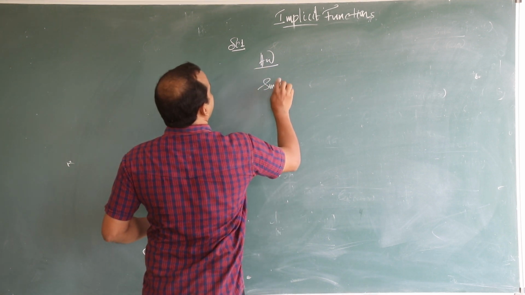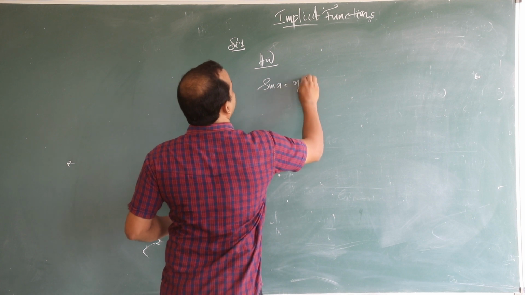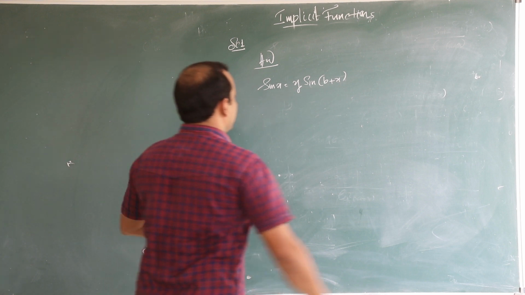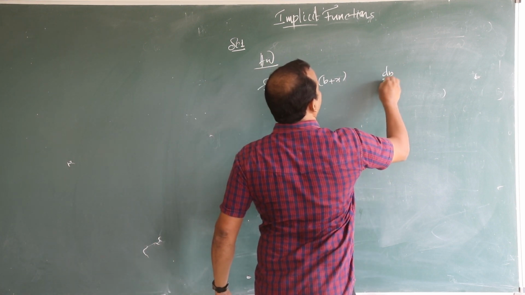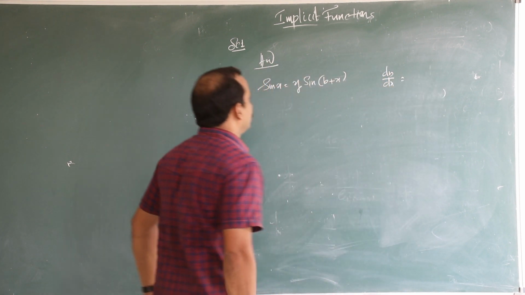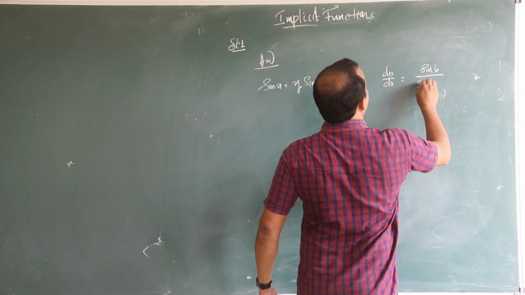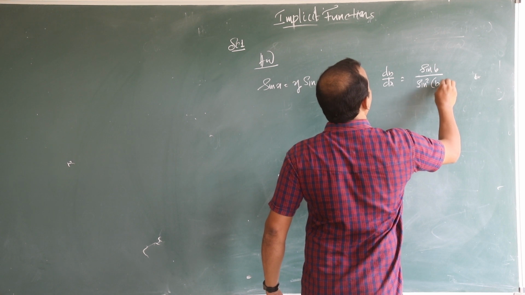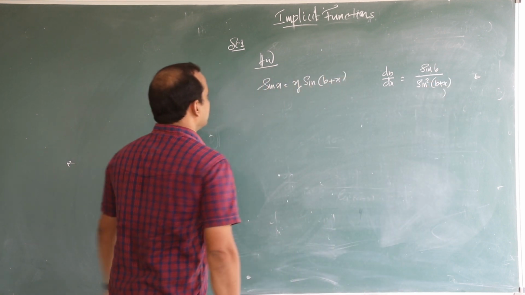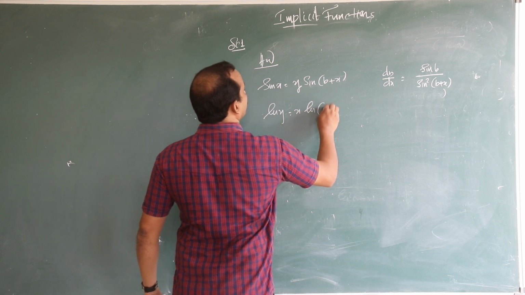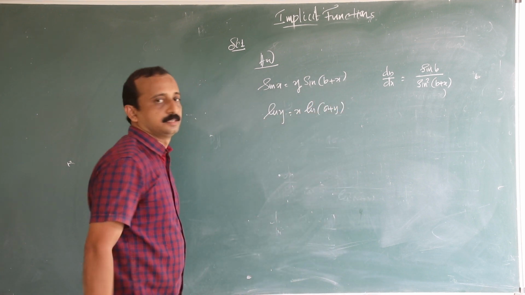Sin x equal to y into sin of b plus x, so that dy by dx is equal to sin b divided by sin square of b plus x. Second question, cos y equal to x into cos of a plus y.